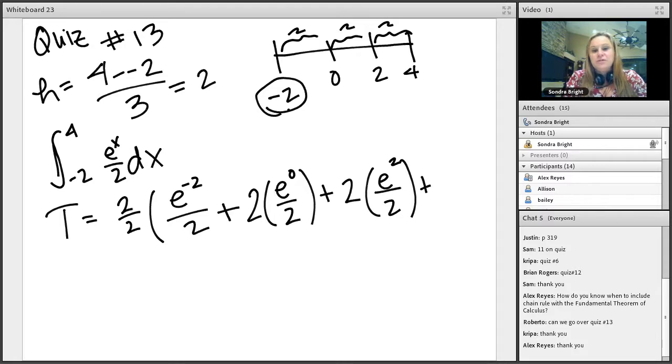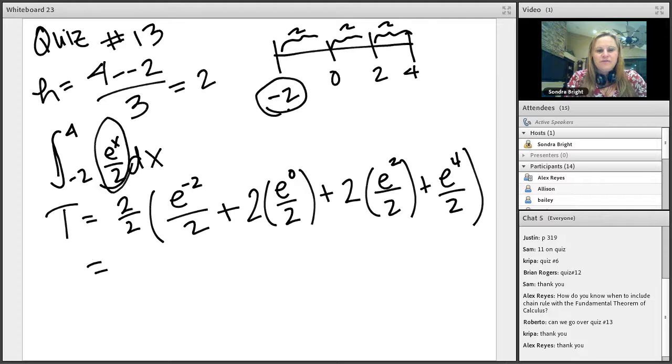The last one you don't multiply by 2 because it was only counted once in your trapezoid, so that's e to the 4 over 2, because I'm plugging all of those values into this function.